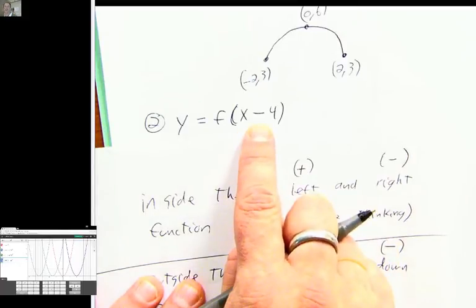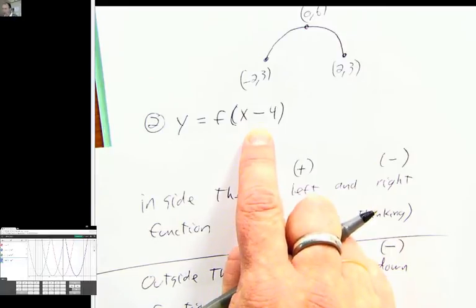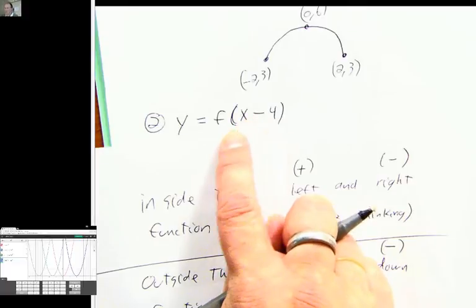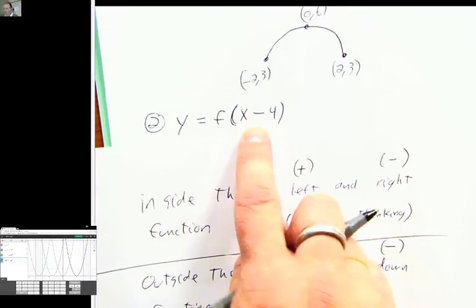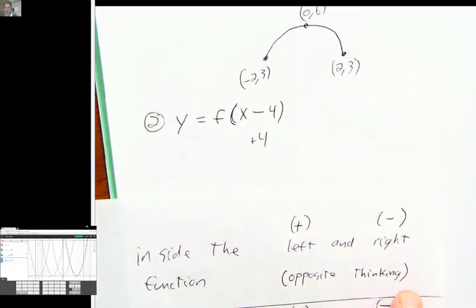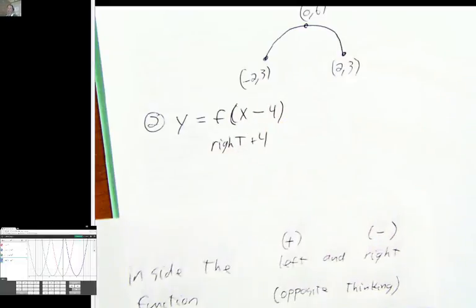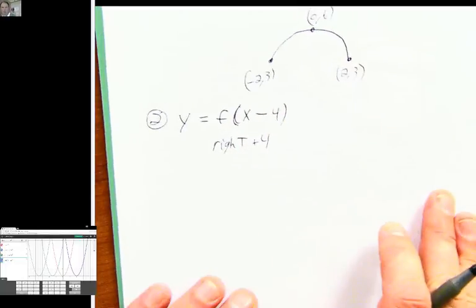So I see minus 4, so that makes me think subtract 4. That usually means you're going to the left. But no, you've got to do the opposite thinking. You want to ask, when is this equal to 0? And it's equal to 0 when x equals positive 4. So it's actually traveling to the right, a distance of 4.